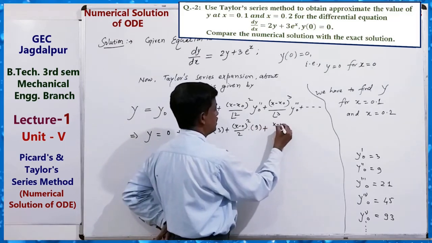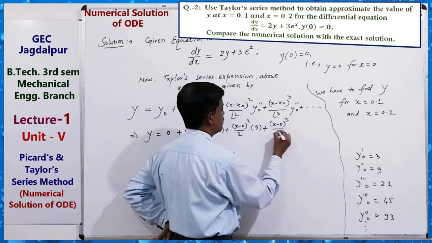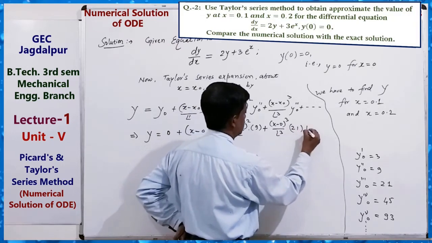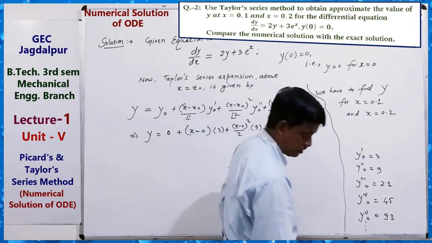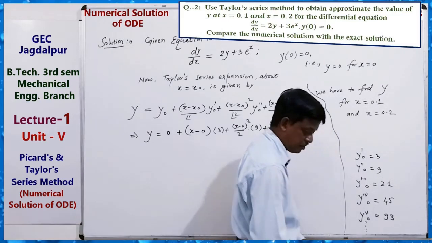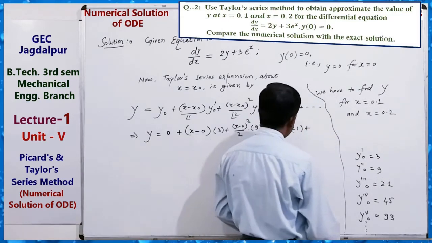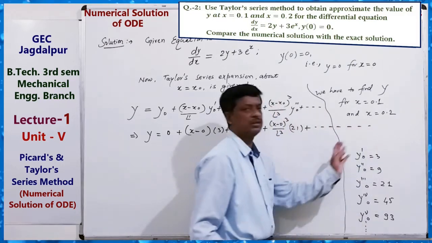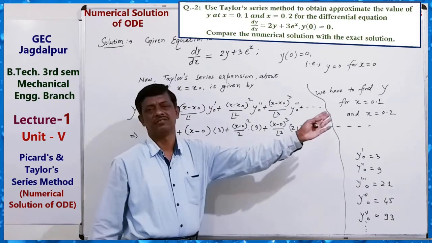Plus x cube upon 3 factorial times y triple dash 0, which is 21, and so on. Higher terms you can write in a similar fashion.